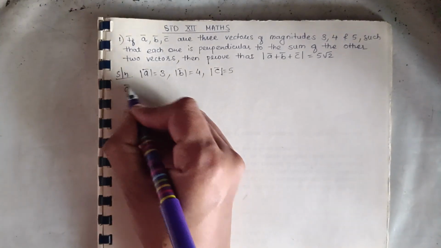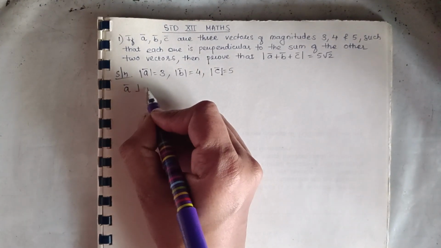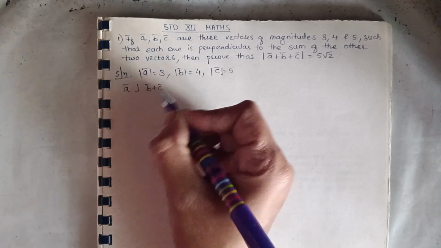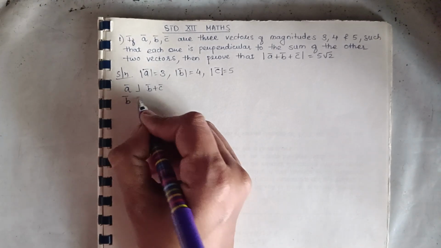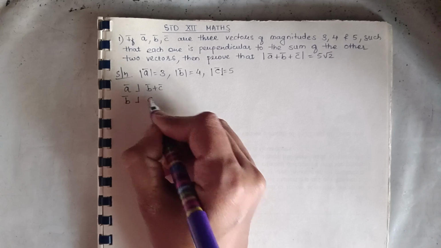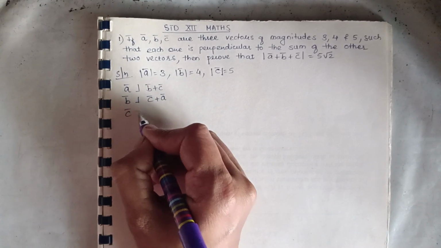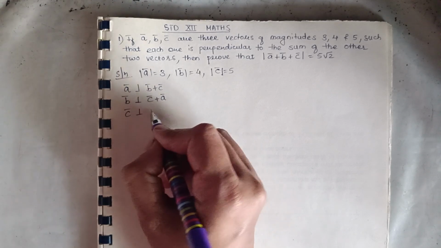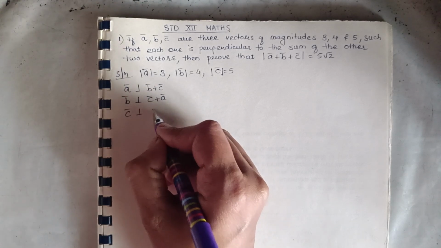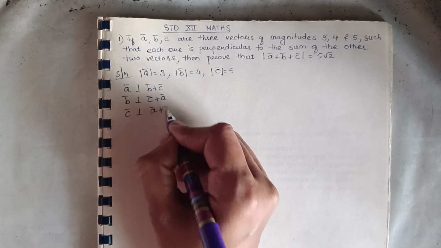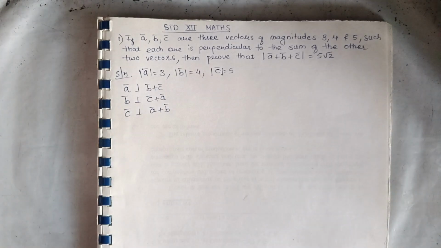That is, vector A is perpendicular to the sum of B and C. Then vector B is perpendicular to the sum of C and A. Then C is perpendicular to the sum of A and B.